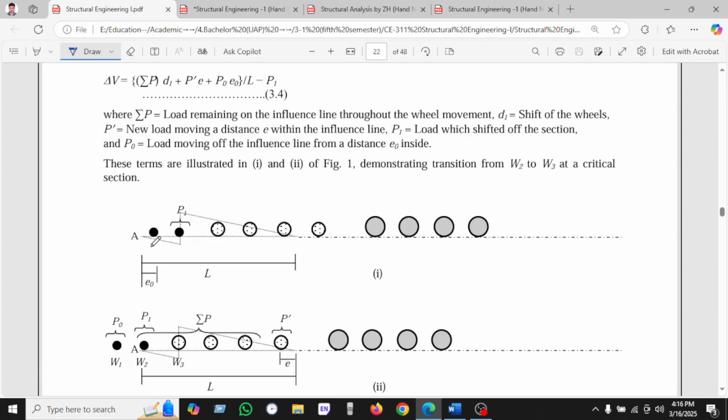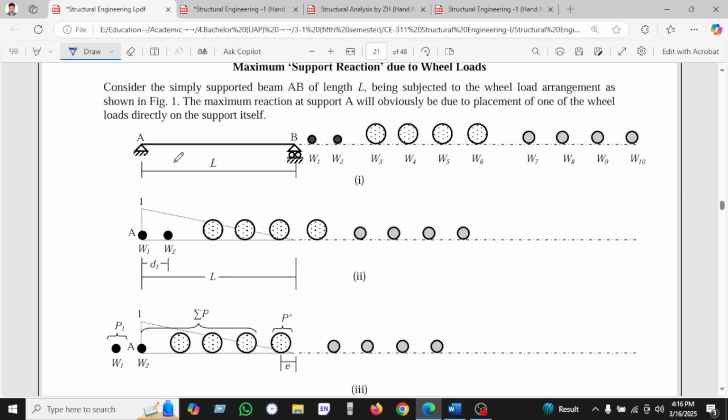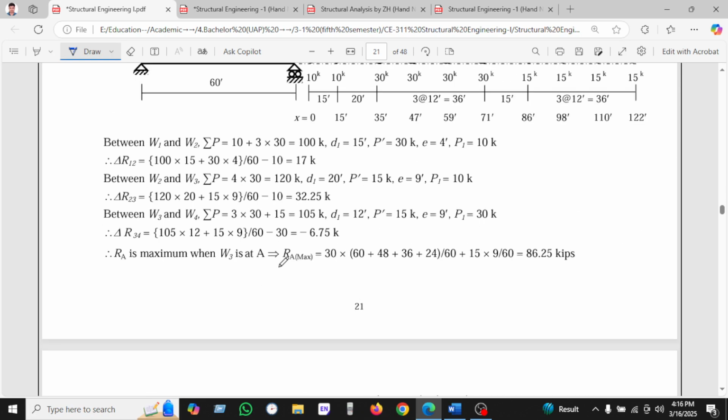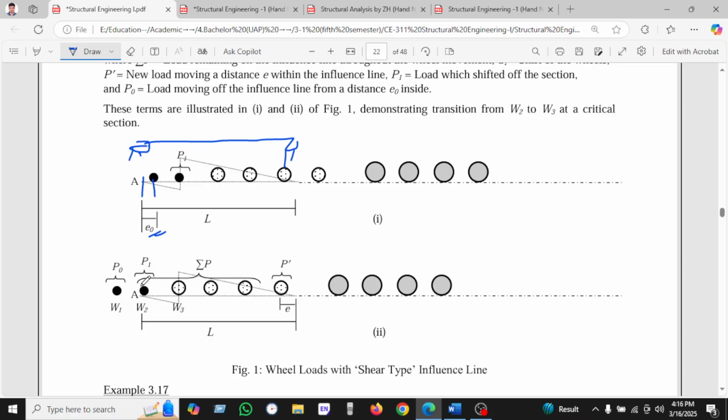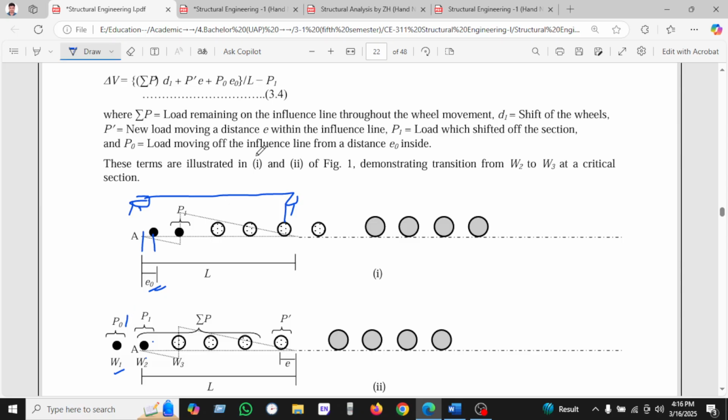Between the support and wheel 1 is the distance E naught, and the length L is the whole beam, as we have seen here. And when another wheel W2 is inserted, then W1 is going out, that's why it is called P naught.